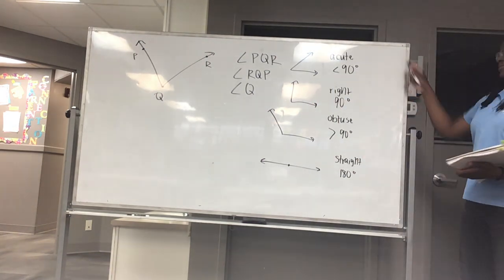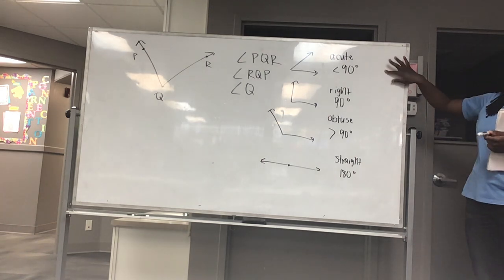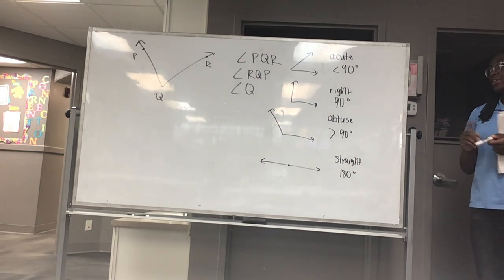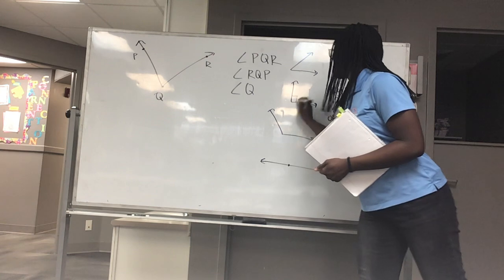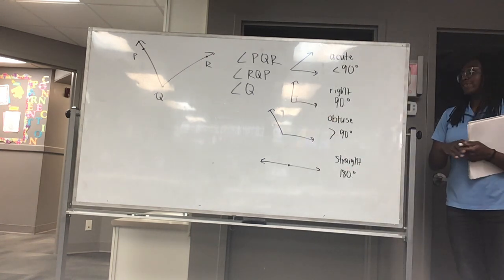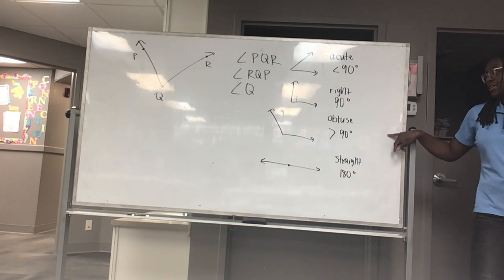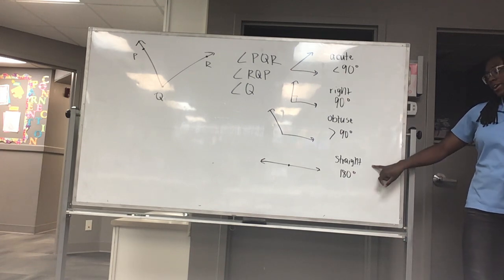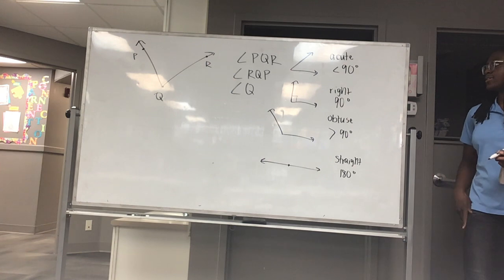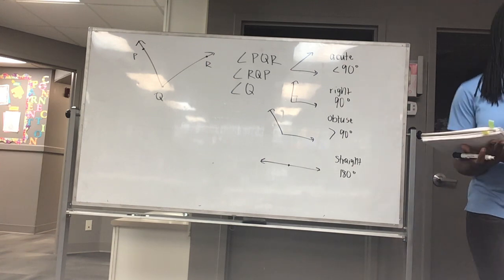But here are the 4 types of angles. So we can have an acute angle, which is less than 90 degrees. A right angle, which is exactly 90 degrees. The obtuse angles are greater than 90 degrees. And then we have something called a straight angle, which is 180 degrees.